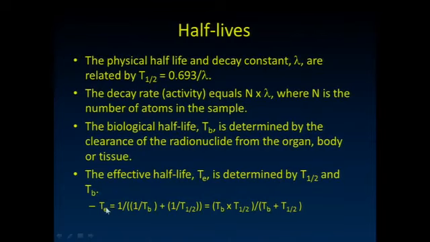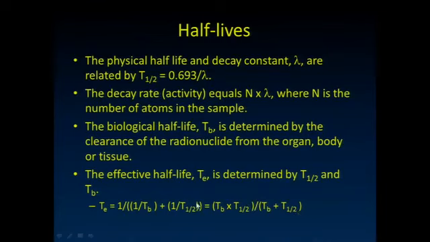And of course, the effective half-life is always going to be less than both the biologic half-life and the physical half-life. And if you want to calculate that, it's fairly straightforward. If you multiply those two half-lives together and divide by their sum, that will give you the effective half-life.